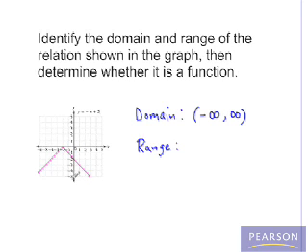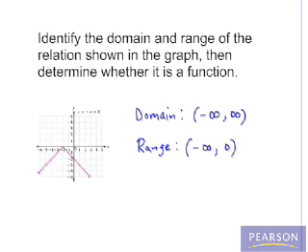So what are all of the range values? Well, coming from -infinity, I'll hit the graph up until I get to 0, which will be the last point where we'll hit the graph. So the range will be from -infinity up to 0.